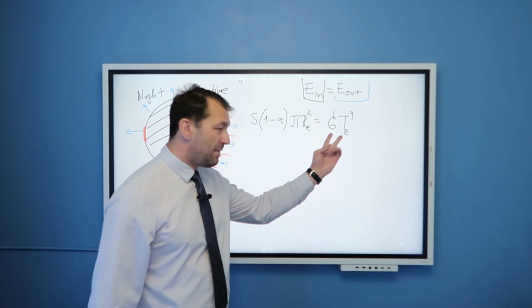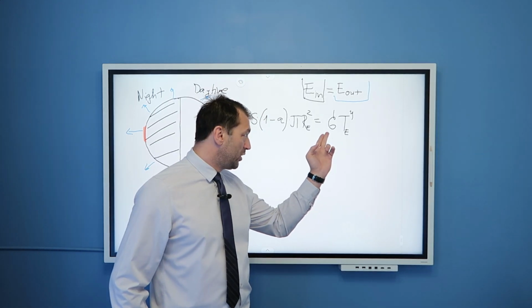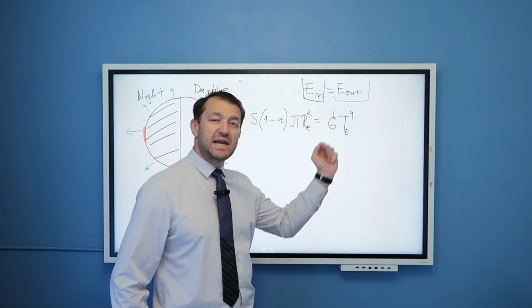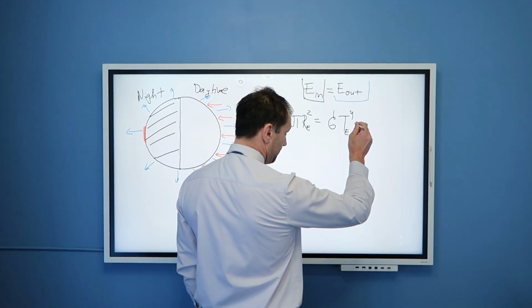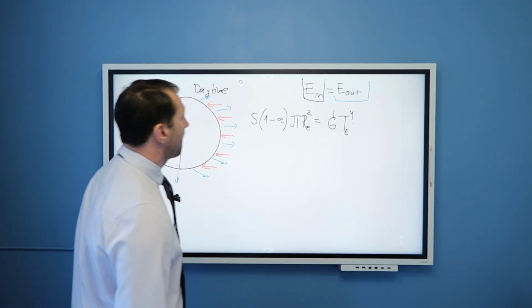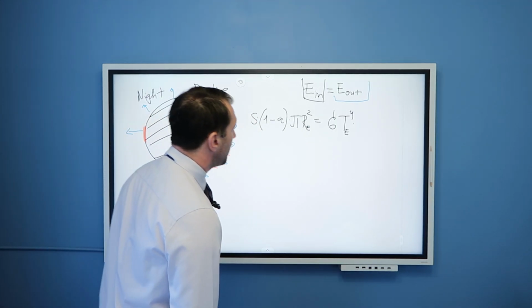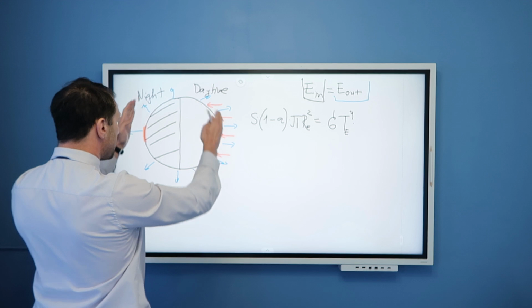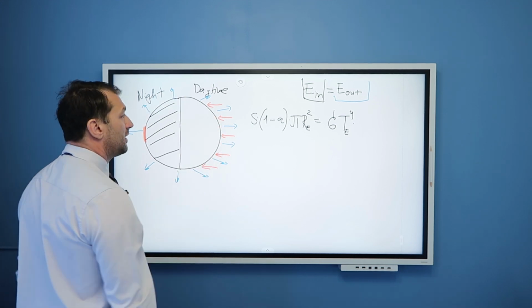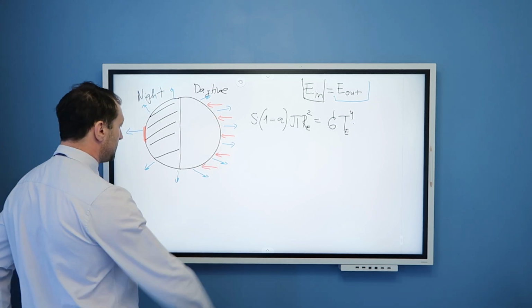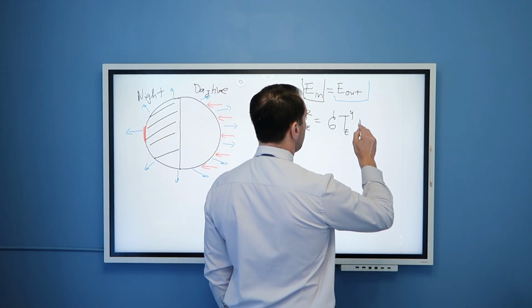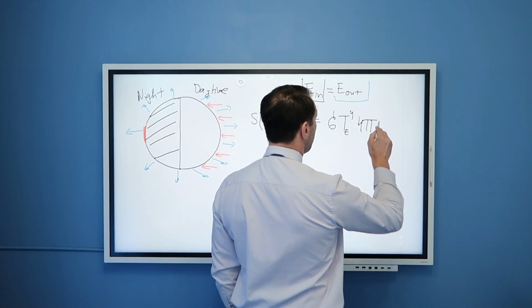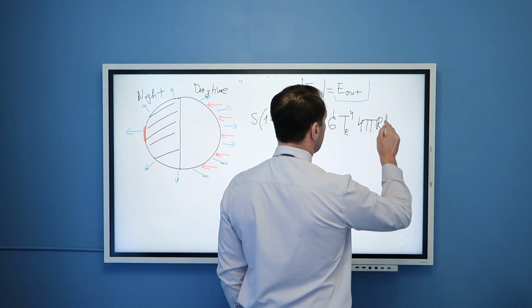This is the amount of energy that a body with certain temperature radiates. Times what? Well, times again the area over which this energy is radiated, and that's the area of a sphere. An area of a sphere is 4 pi radius of the planet Earth squared.